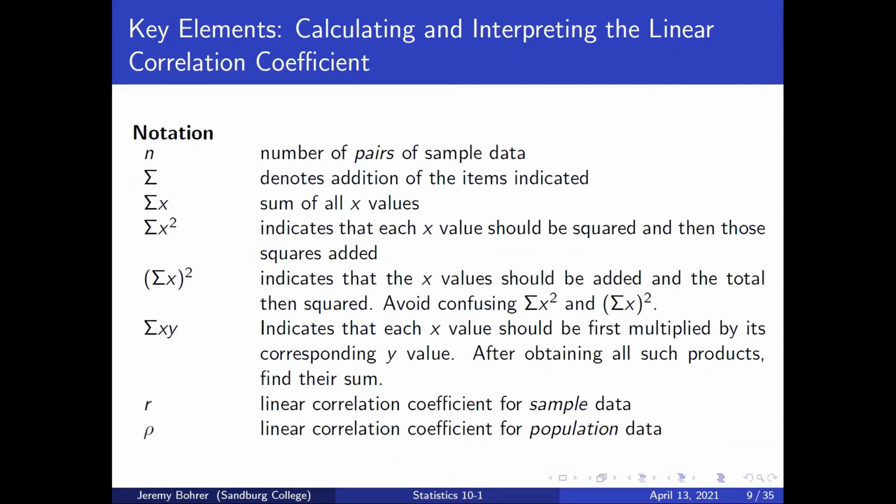So avoid confusing sigma x squared and sigma x quantity squared. Sigma xy indicates that each x value should be first multiplied by its corresponding y value. After obtaining all such products, find their sum. R is the linear correlation coefficient for sample data, and rho is the linear correlation coefficient for population data.